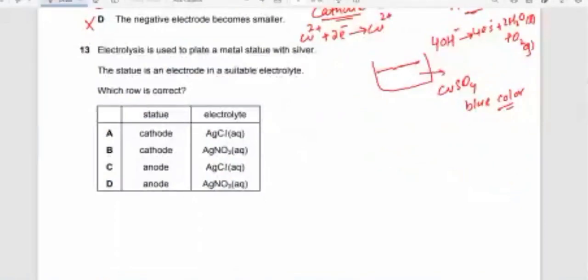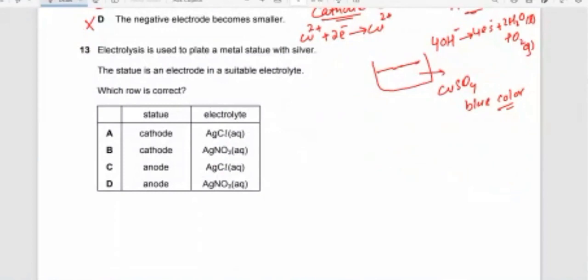Electrolysis is used to plate a metal statue with silver. The statue is an electrode in the suitable electrolyte. We have a statue that has to be electroplated with silver, to make it silvery and give it a good appearance.